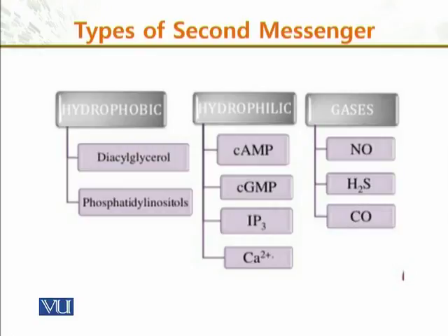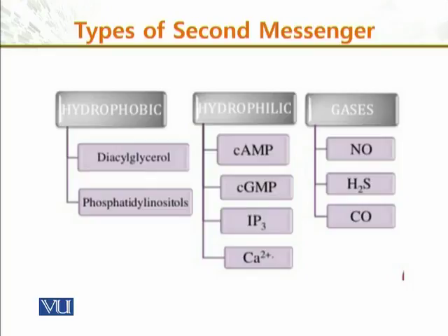Now, for example, some can be hydrophobic, which is diacylglycerol, a phosphatidyl glycerol. Another class of compounds is hydrophilic, that is cyclic AMP, all the nucleotides. And then the gases.